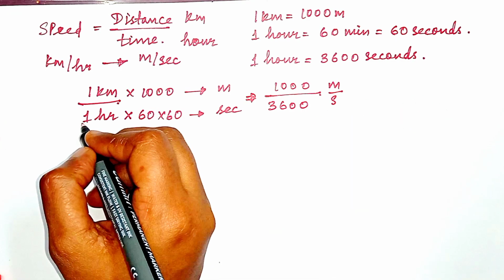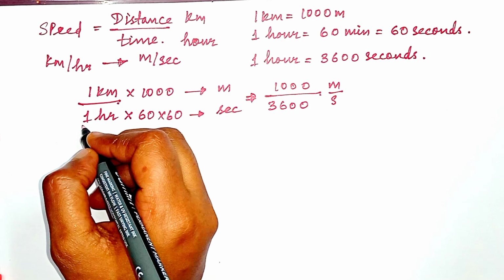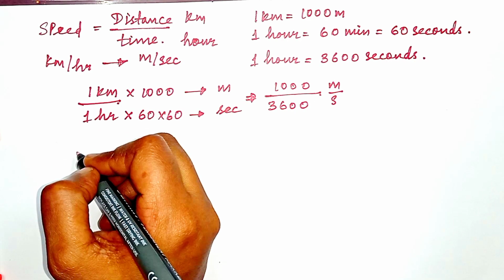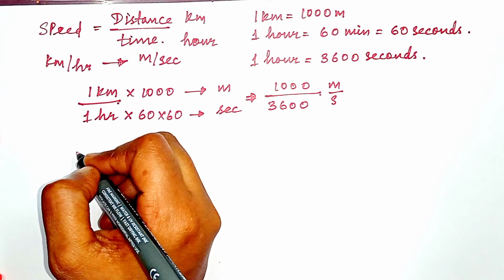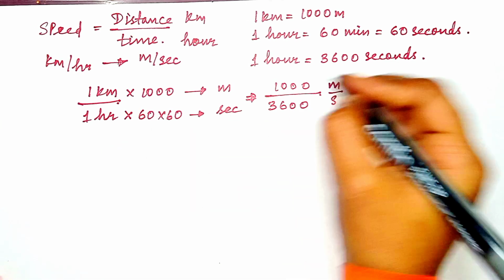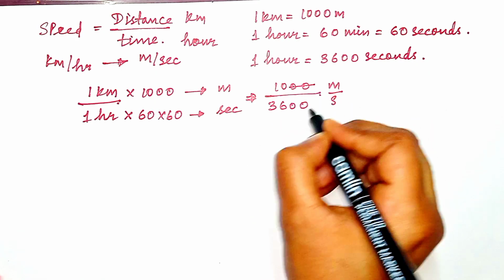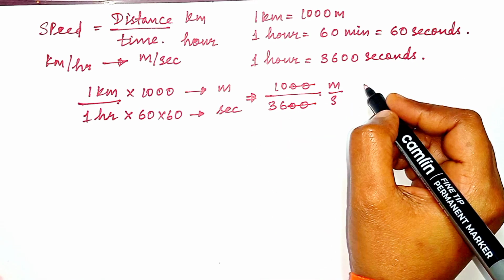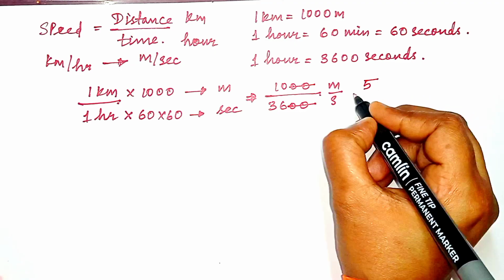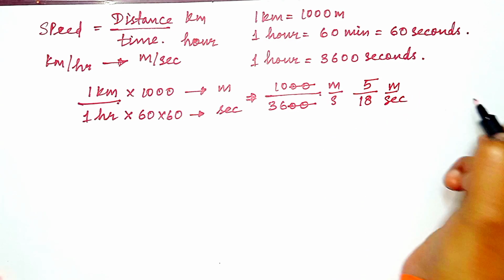So for example, if you have 18 kilometer per hour, what would be the value in meter per second? Okay, let me make this shortcut. If you cancel these values, it would be 10 by 36, which will equate to 5 by 18 meter per second.